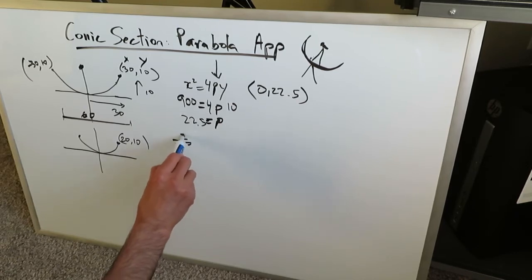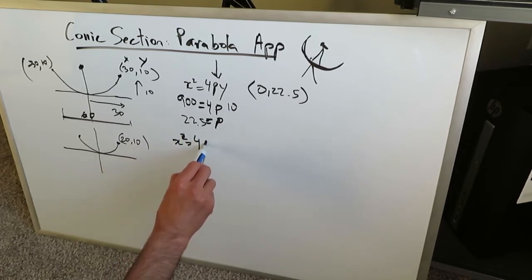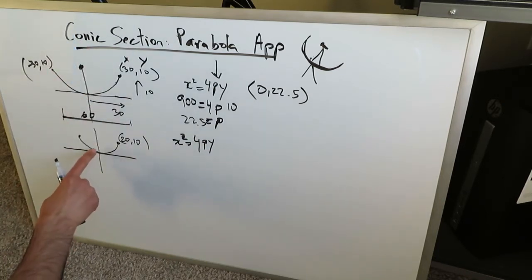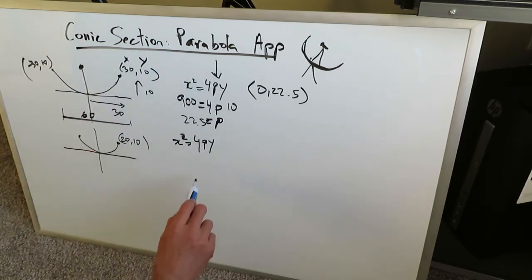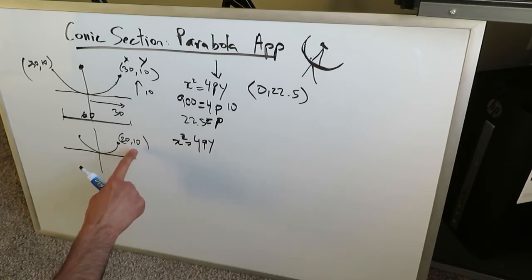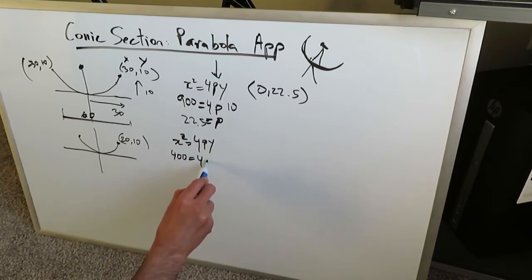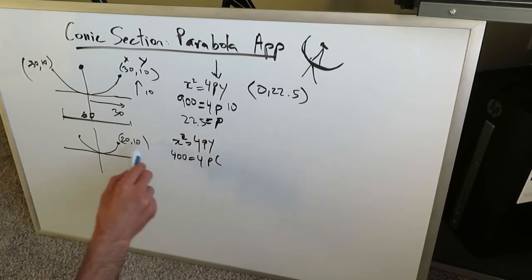Let's plug everything into the original equation, x squared equals 4py, which represents an upward parabola with a vertex at the origin, and calculate for p by substituting my x and my y value. X here is 20, and 20 squared is 400. Then we have 4 multiplied by p multiplied by y, which is 10.